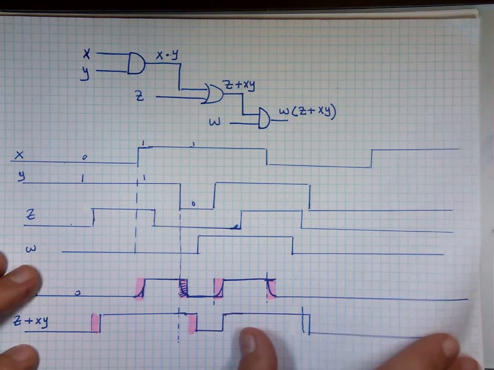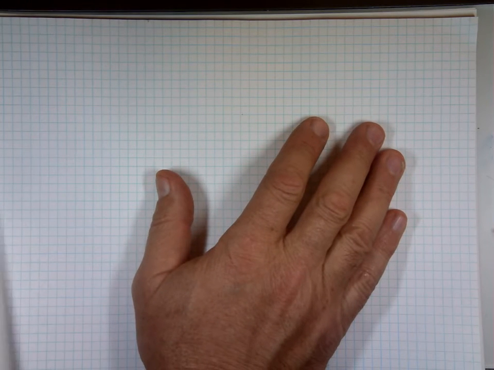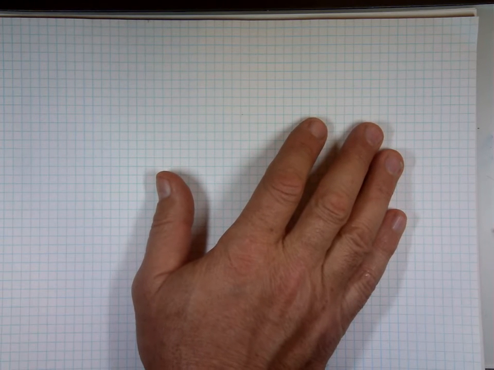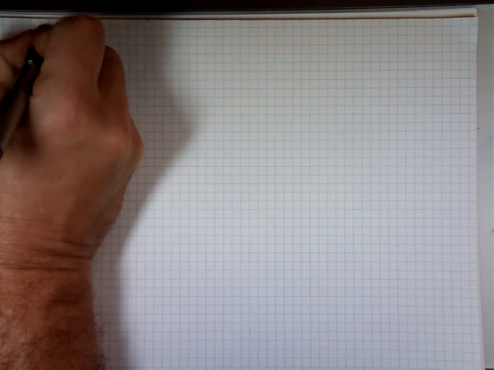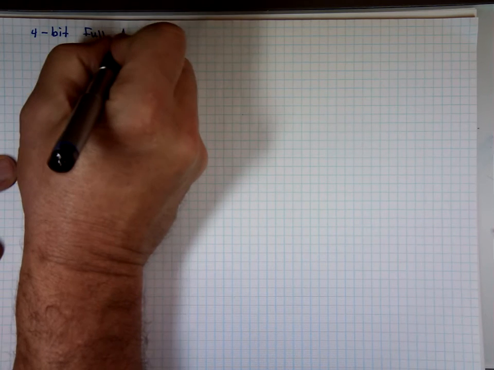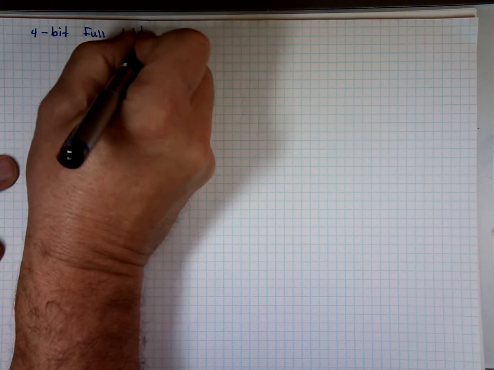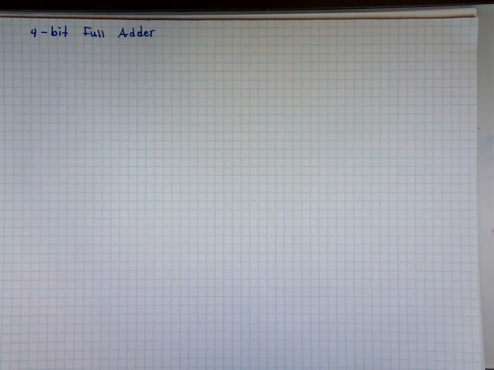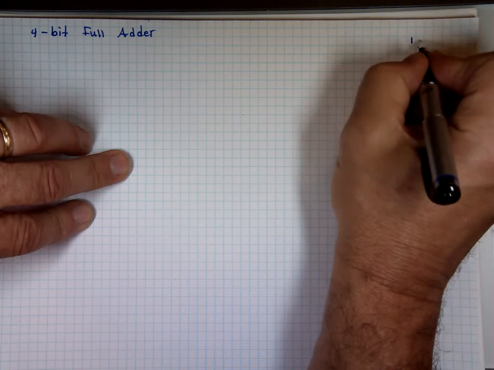One of the ones we're going to be looking at, go back and revisit, is the 4-bit full adder. I don't know if you remember the 4-bit full adder from before. When you are adding 4 bits, let's take some 4 bits and add them.